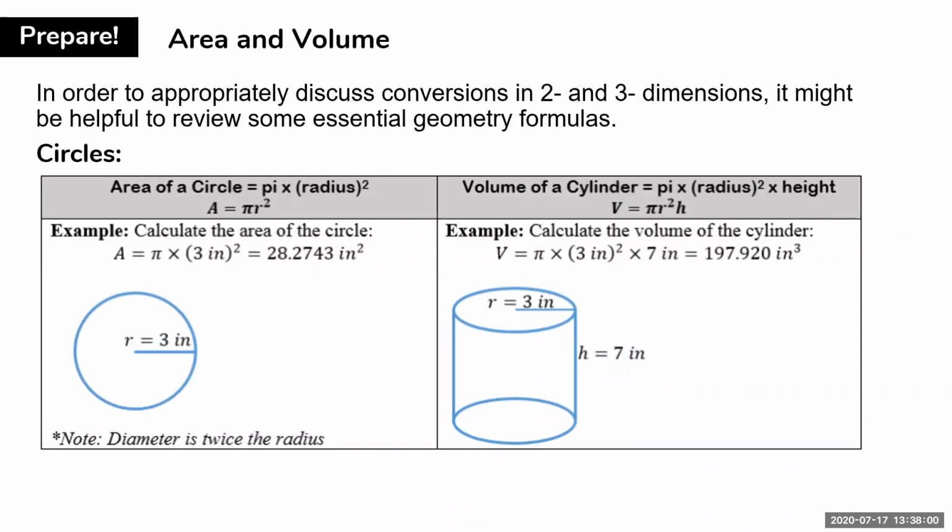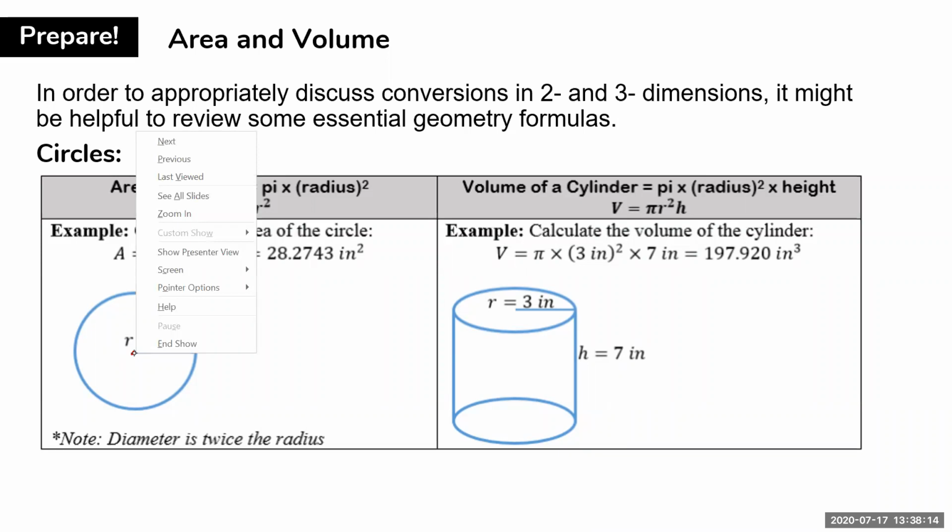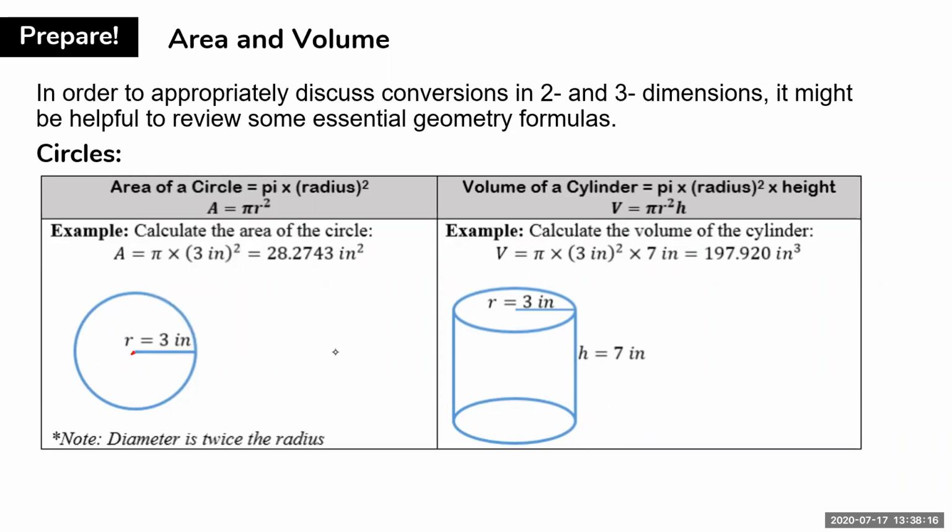Another one that you have to know is the area of a circle. The area of a circle is pi r squared, where r is the radius, right? So the radius is the distance from the center to any part of the circumference. So here, you do pi, and pi is on your calc, okay?